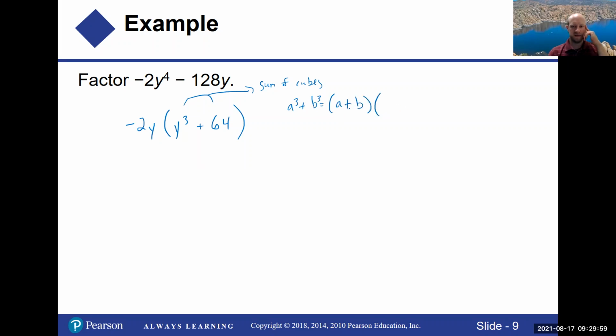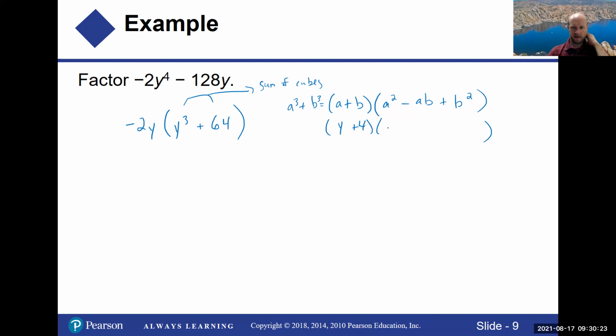Remember, same sign, opposite sign, and then add a positive. There we go. And we just have to pick out what the a and the b would be. Well, in this case, it's going to be y, and the cube root of 64 is 4. So it's going to be y plus 4.